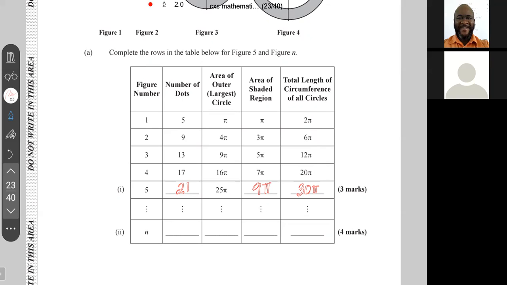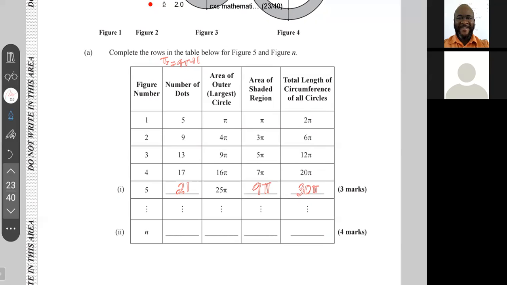If you're going to do it for n, you need to come up with the general term. The general term for the number of dots: it's going up by 4, so the general term is 4r plus 1. When r is 1, 4 ones, 4 plus 1, that's how you get the 5.